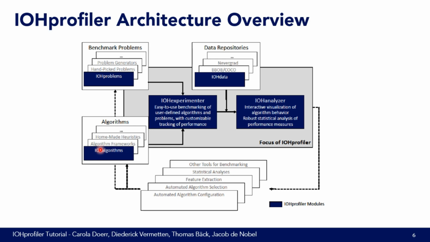And you can always add on additional tools to this pipeline. So things like algorithm configuration, feature extraction, different analyses, other tools. All of these are just components of a larger benchmarking pipeline, but our focus is on ensuring that experimentation and analysis can be done for a wide variety of different use cases.